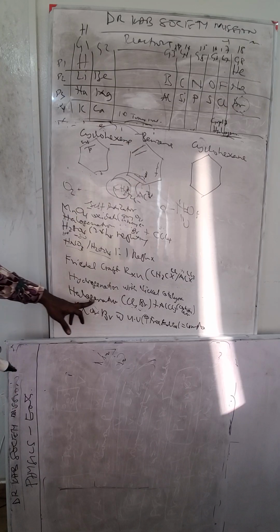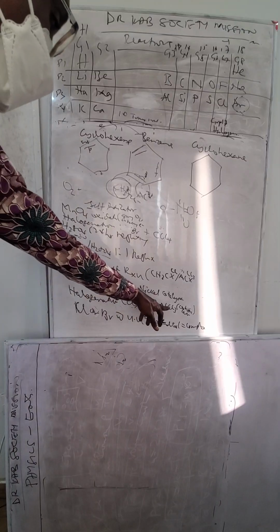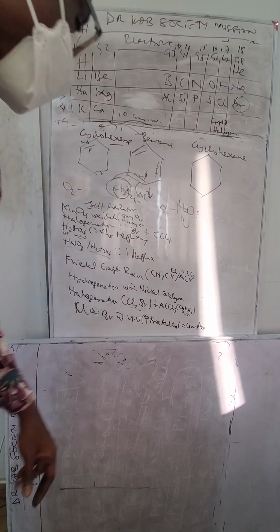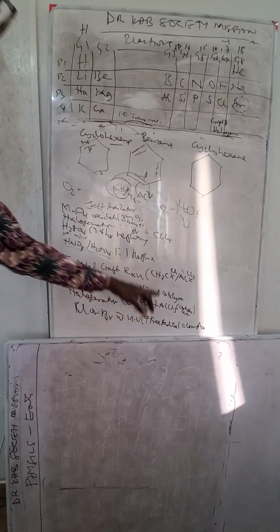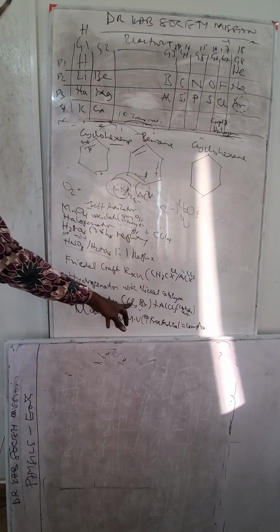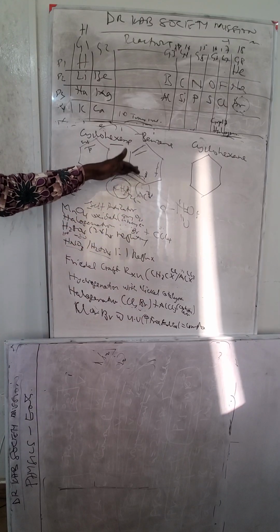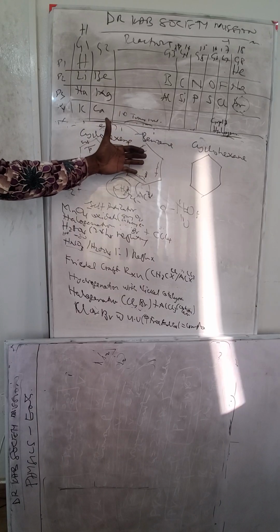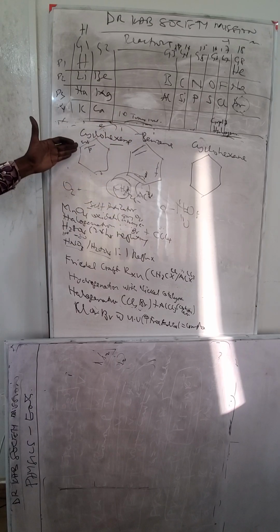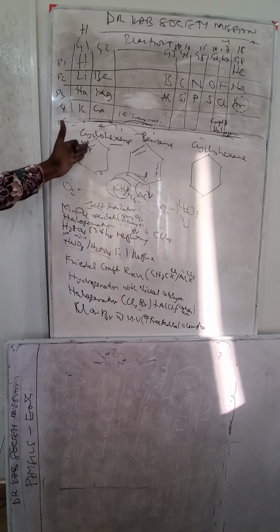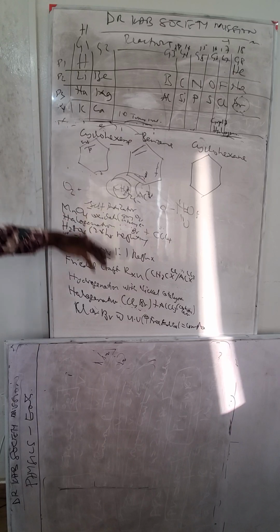Now let's look at the next one, halogenation, using aluminium chloride as a catalyst. So once it localizes, these free radicals can add on. So the reaction will go on with benzene, okay? But in the case of this one, it's already localized, so it's not going to add on.